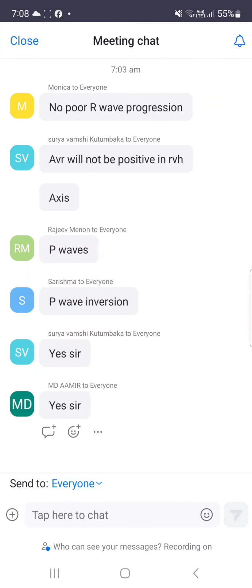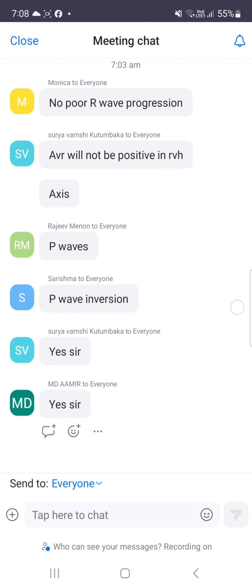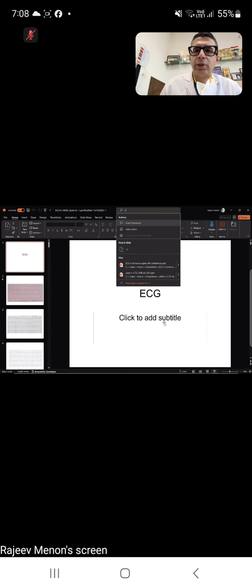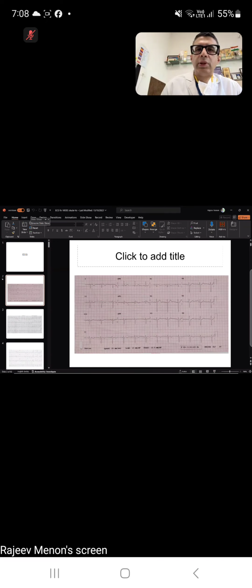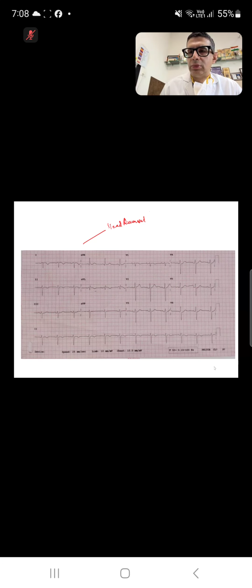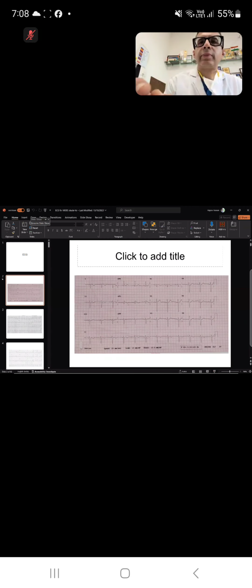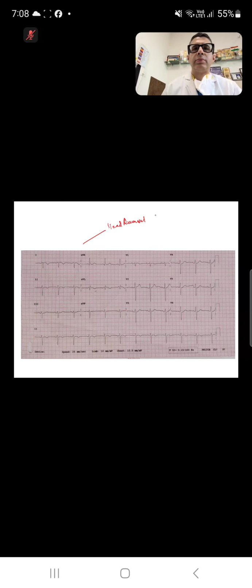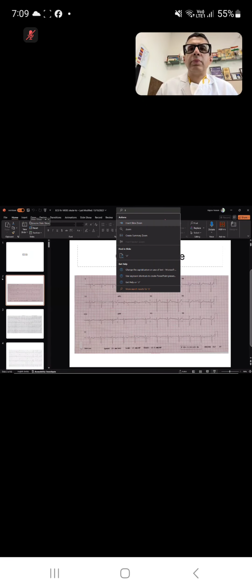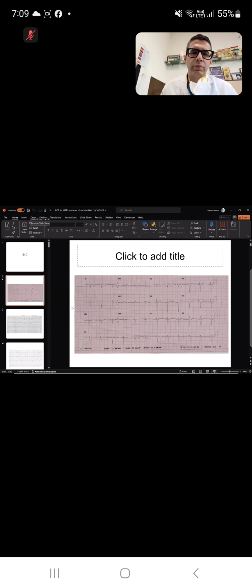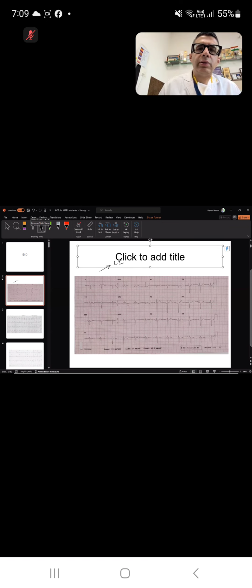Okay, so in lead reversal, what is happening? You are looking at L1.